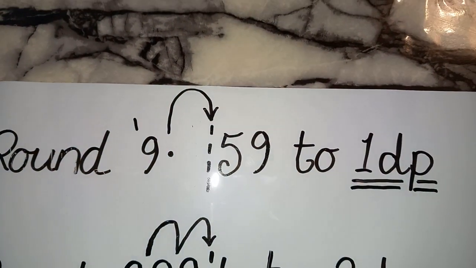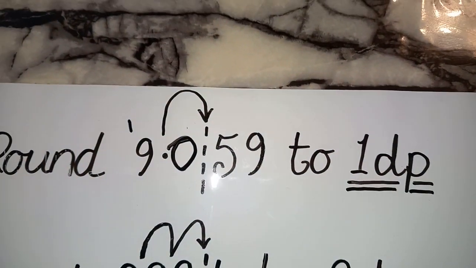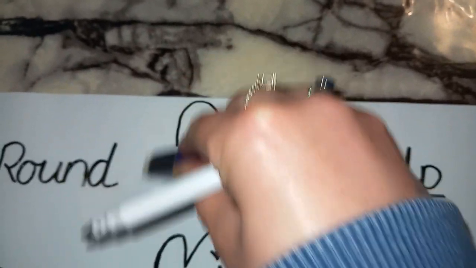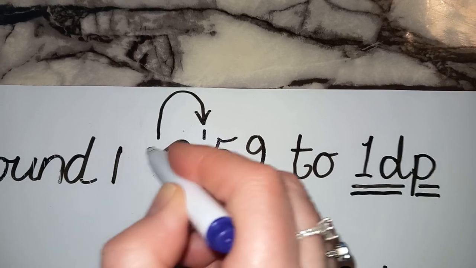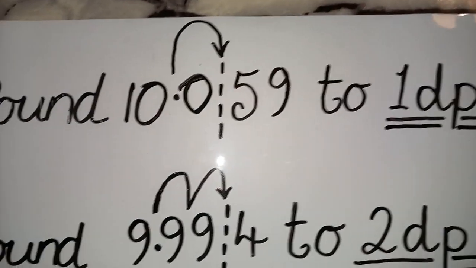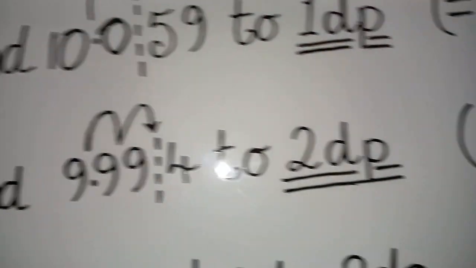So if we get rid of that 1 there, this now becomes 0, and this becomes, yes, you've guessed it, 10. Okay, so we're left with 10.0, or more accurately, you could just say 10. Okay.